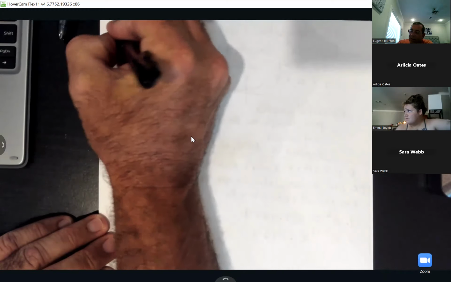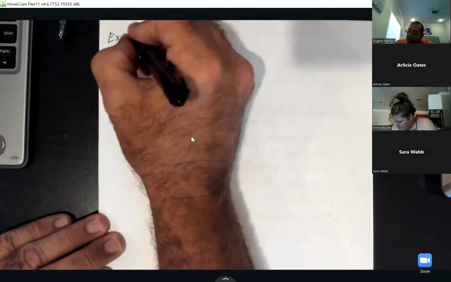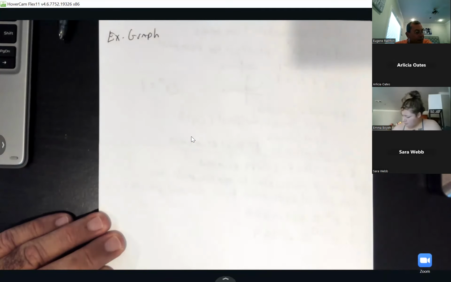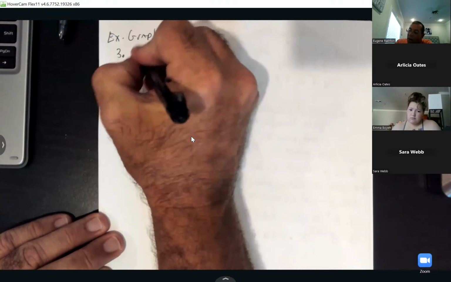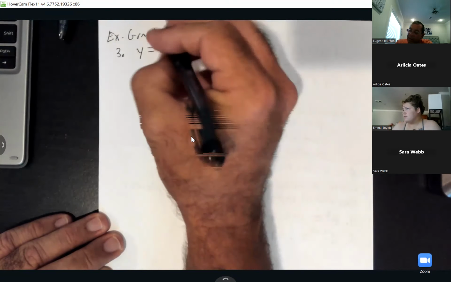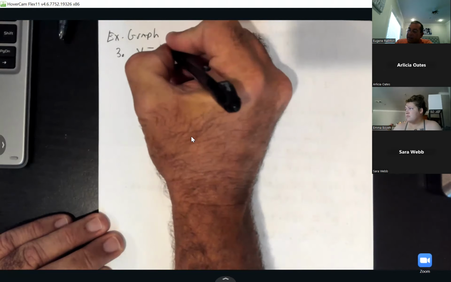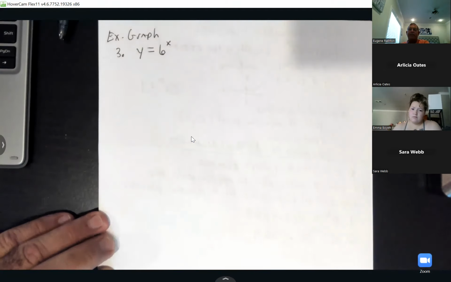All right, so next, we'll start looking at the graphs. So they want us to graph the equation and then choose the correct graph. So this would be like number 3 here. y equals 6 to the x.